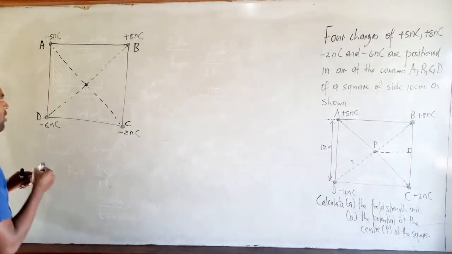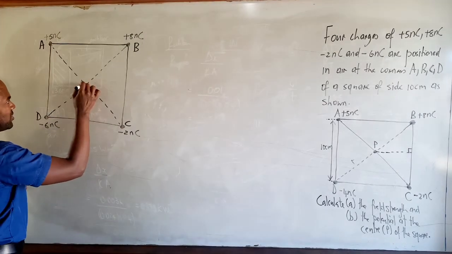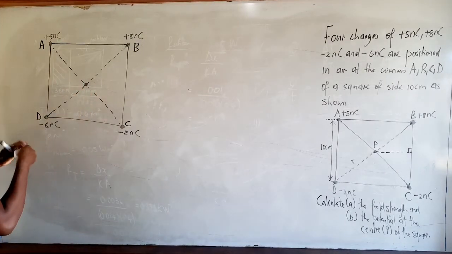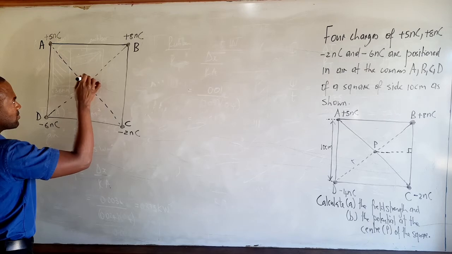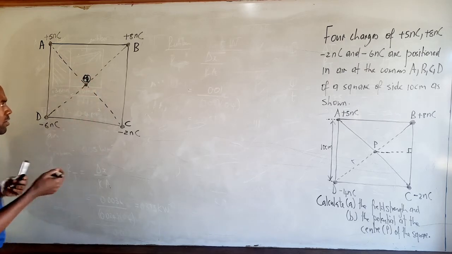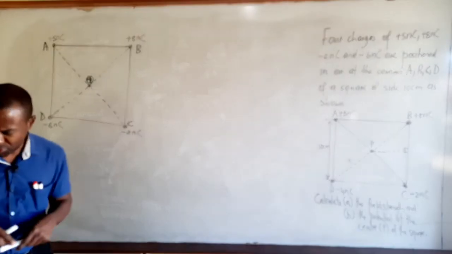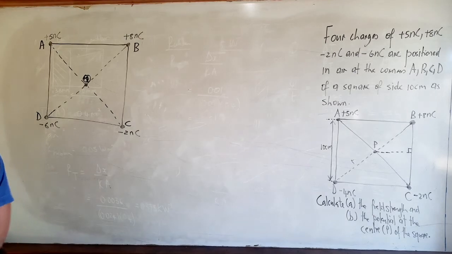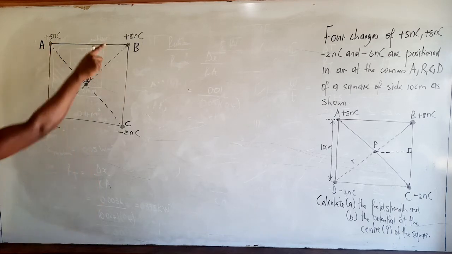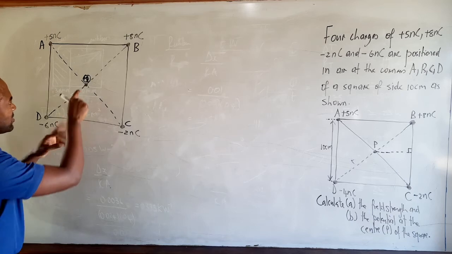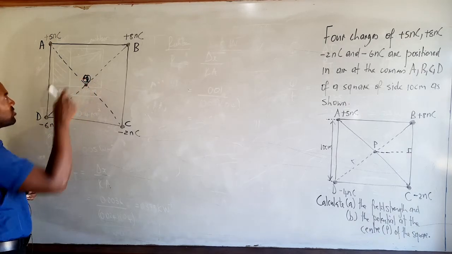So if we put a small positive test charge plus Q at this point here, we're going to ask ourselves in which direction will this charge move with respect to the charges A, B, C, and D. Let's look at it alphabetically: A, then B, then C, then D.